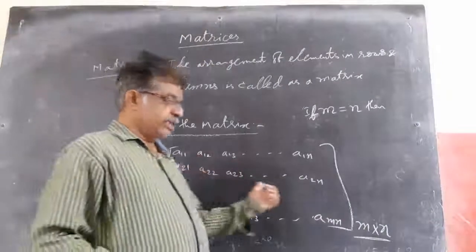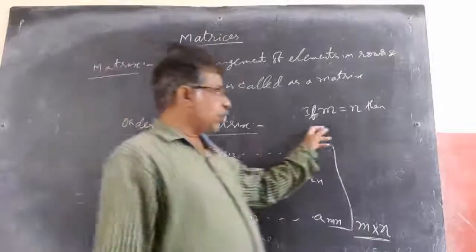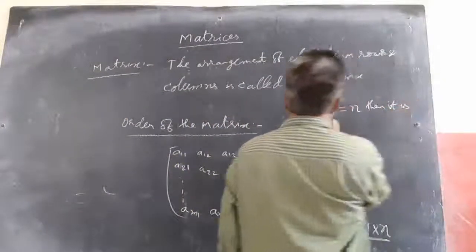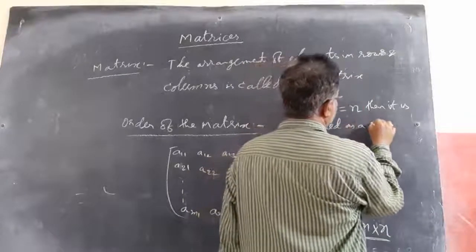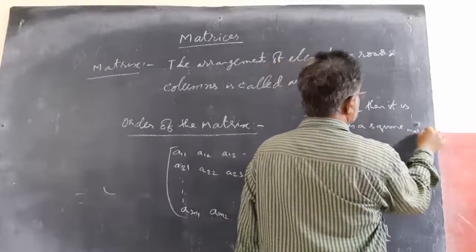So this has m rows and n columns. If m equals n, then it is called a square matrix.